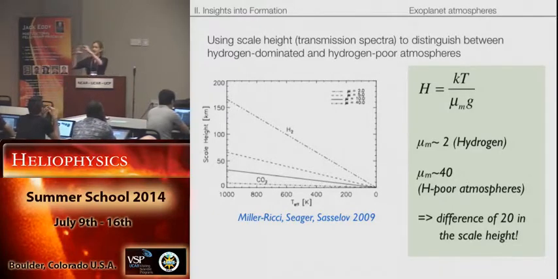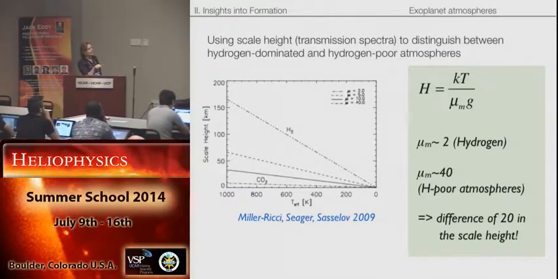So as the transiting planet passes in front of the star, its atmosphere is lit up. If we can use the transmission spectroscopy to measure a scale height for the atmosphere of the planet, we can get out some pretty interesting information from this one simple little equation. The scale height is equal to kT, temperature, which you can assume from the temperature falling off from the star, divided by mu times g, little g, the gravitational field at that point.